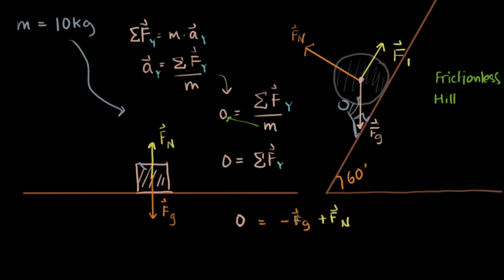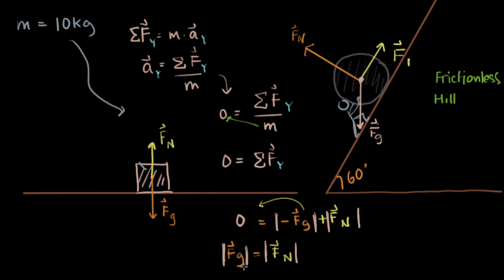And if we shift the force of gravity to this side, it equals the force of normal reaction. I should make it clear that this is only the magnitude, because the signs are different, since they're acting in opposite directions.